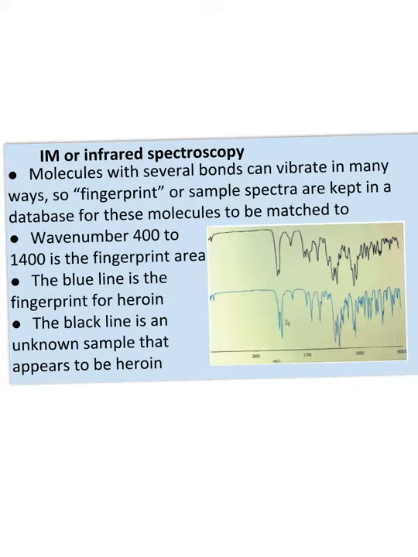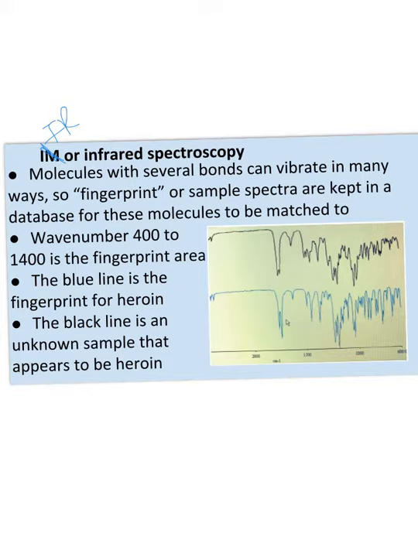The other thing that's used in IR evaluation is that you can look at what's called the fingerprint of a molecule. Molecules with several bonds do have different vibrations. So looking from 400 to 1400, that's going to be pretty consistent and can be used to make a fingerprint or a sample spectra and stored in a database for specific molecules.